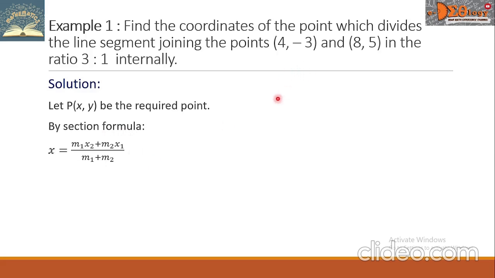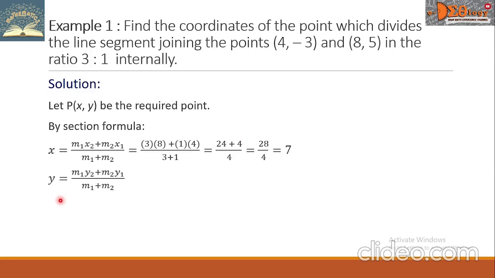When we substitute the corresponding values, we have 3 times 8 plus 1 times 4 all over 3 plus 1. The numerator becomes 24 plus 4 over the denominator 4. In the numerator, the sum is 28 divided by the denominator 4, and that is 7. That is the x coordinate.